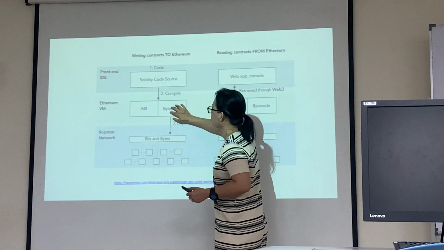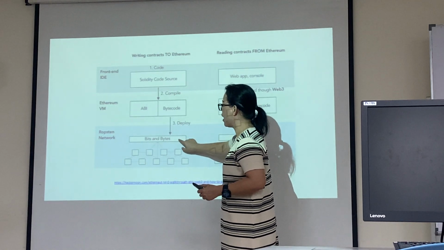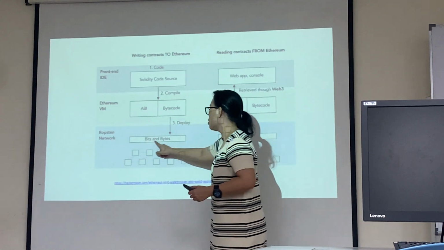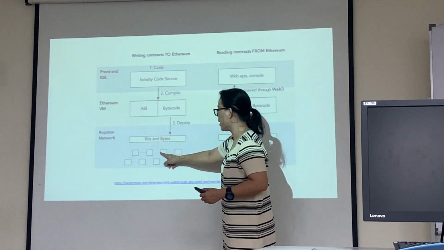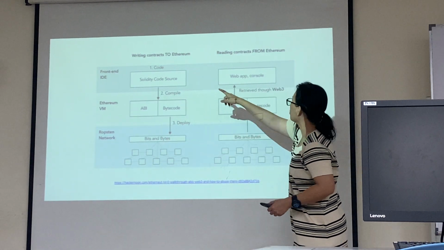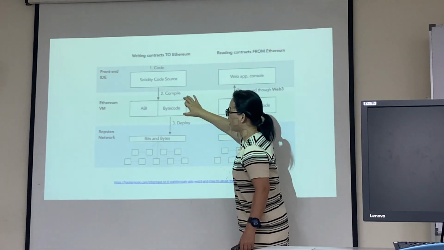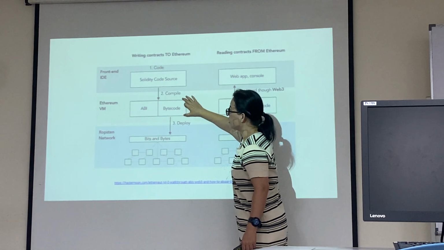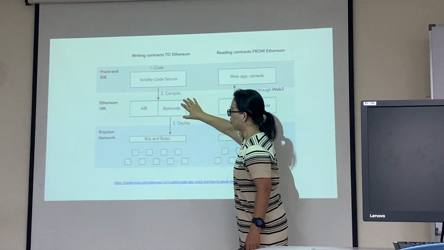You compile it, you have this, and then you deploy it, let's say on the Ropsten network, which is the test network. Then you have all your bytecode data and binary in there. This is why we get the bytecode, where we get the artifact. When you compile, you get the artifact, inside which the API has the bytecode.